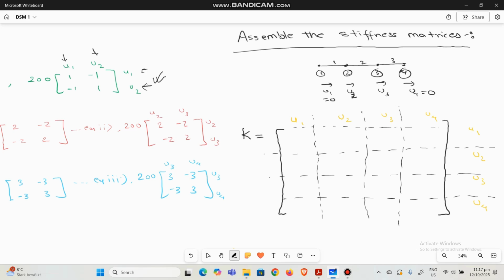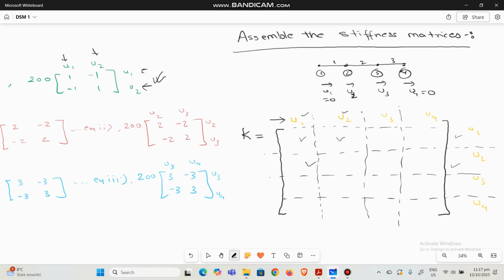So first of all, look at this row and select which components you are interested in. You are interested in u1 u2, and similarly for the column also you are concerned with this column and this column, right? So the intersection between these two leaves you with this space. Okay, so this is the space which is occupied by the first element.